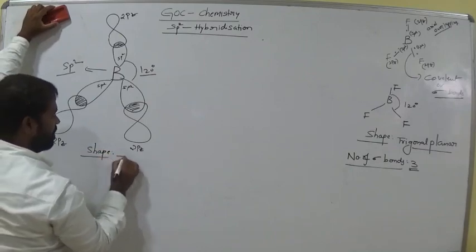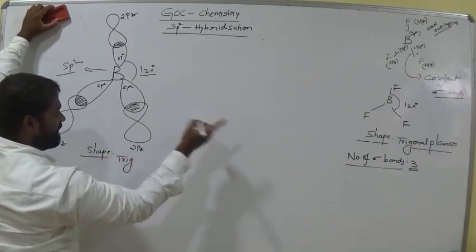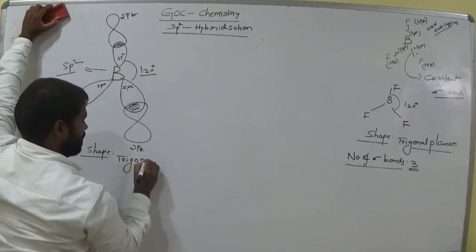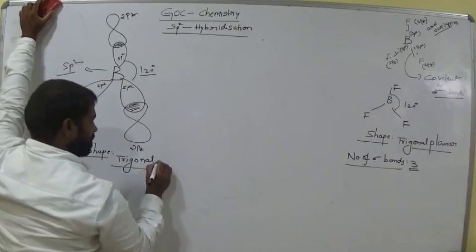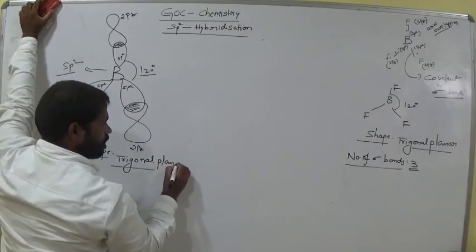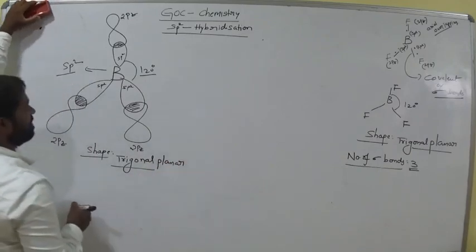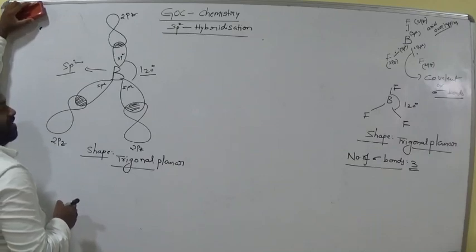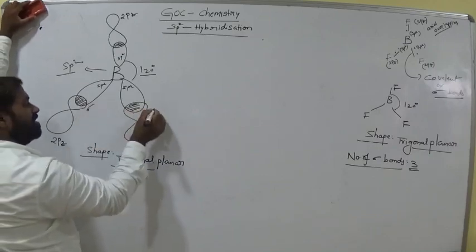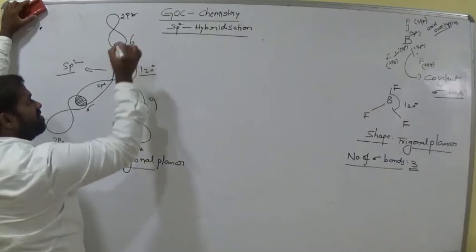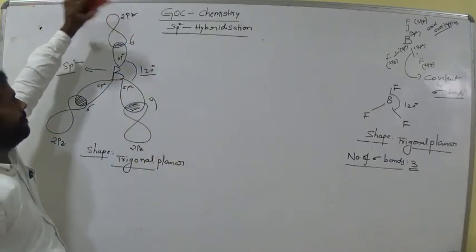Shape is trigonal planar. Same structure. Is it clear, ma? This is a sigma bond, covalent. This is also a sigma bond. This is a sigma bond, sp2 to p.